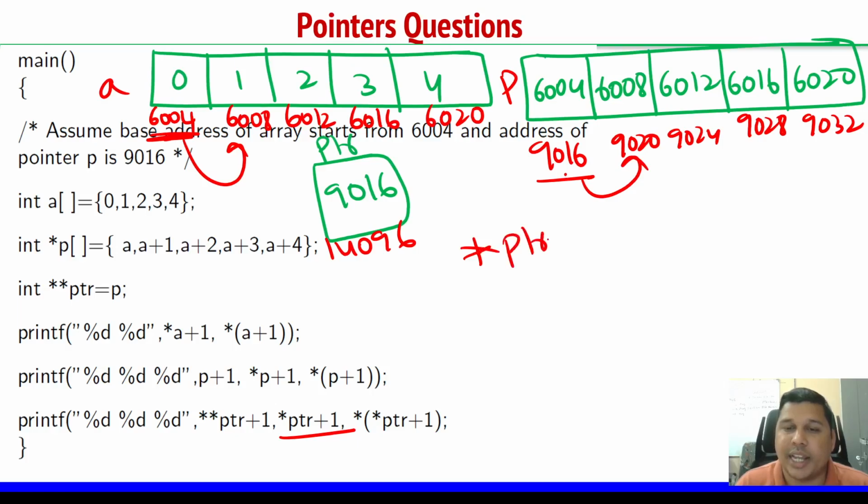Star ptr plus 1. What is this value? Tell me what is the value of star ptr plus 1? Yes, students, please respond.